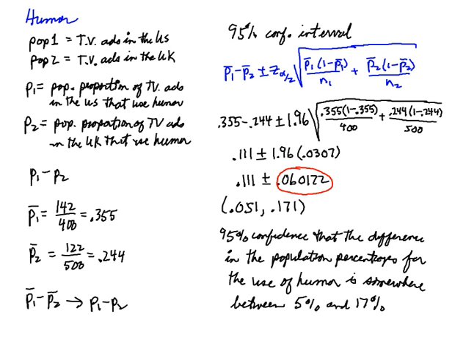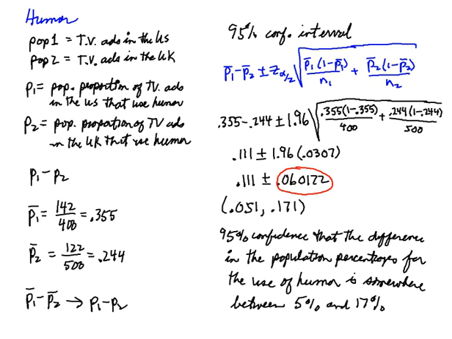I subtracted the U.S. subtract the United Kingdom, so I have a 95% confidence that that difference is positive, meaning the percentage of humor used in TV ads in the United States is larger.